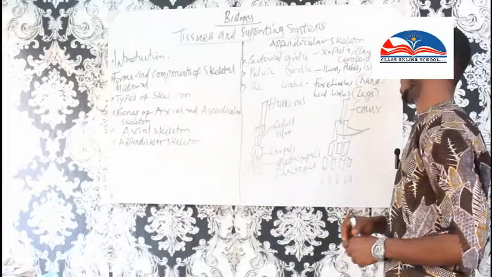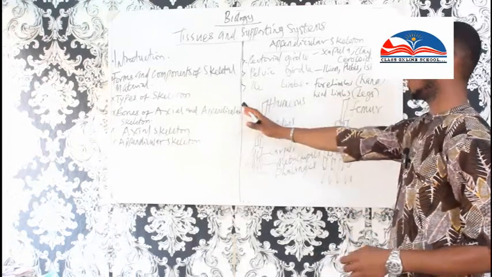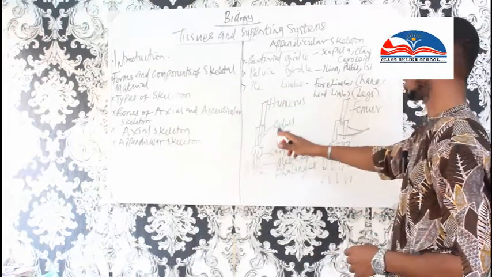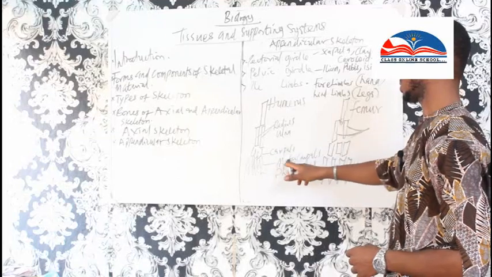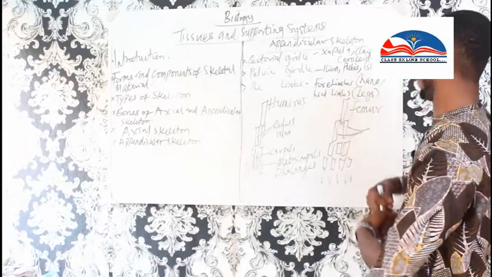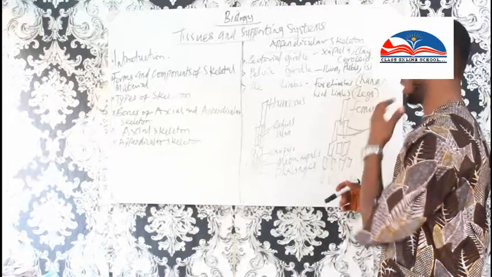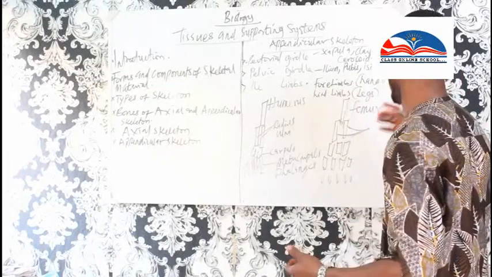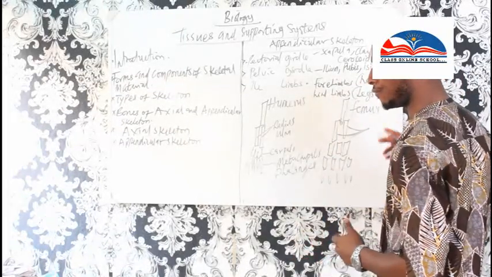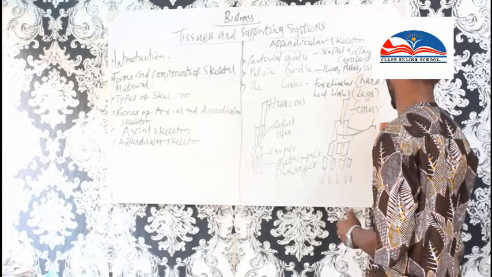For the hind limbs. Remember, we have done the forelimbs where I say that we have humerus, radius, ulna, carpals, metacarpals, and phalanges. Now, for these hind limbs, we have the femur and we have the fibula and tibia.